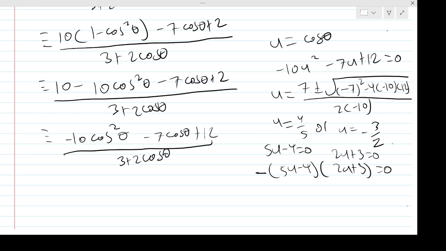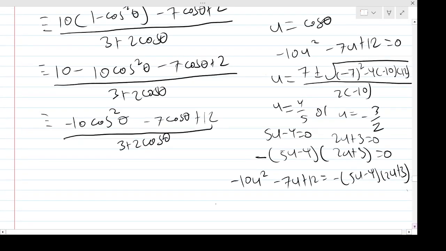So we said that minus 10u squared minus 7u plus 12 is the same as this factorisation, minus 5u minus 4, 2u add 3. But then we can put the u back in.